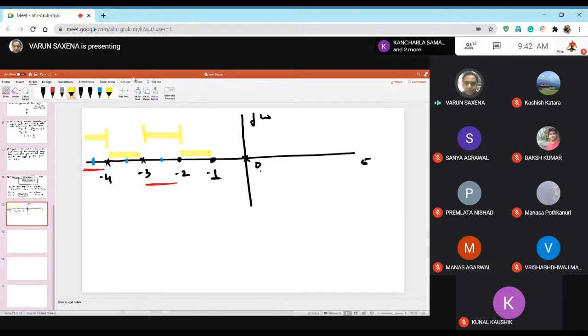Then let's look at this region here. If I take a point here, will there be a root locus here? No, sir, there won't be any. Because the sum is 2. There is one zero at -1, there is one pole at 0, and the sum is 2. So no part of the root locus is going to lie here. And then the last section happens to be this section.